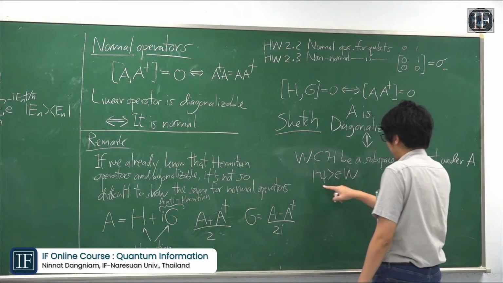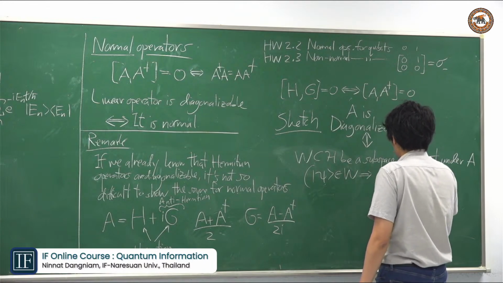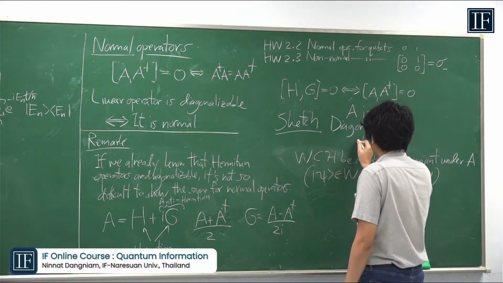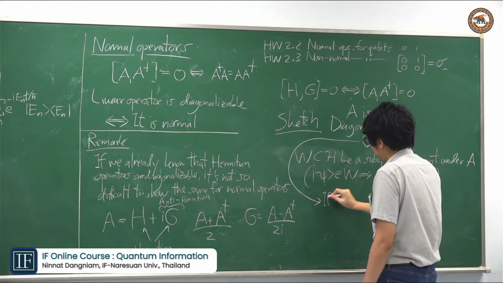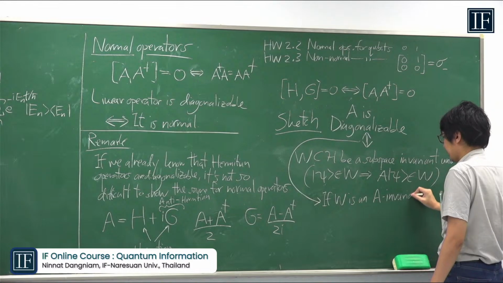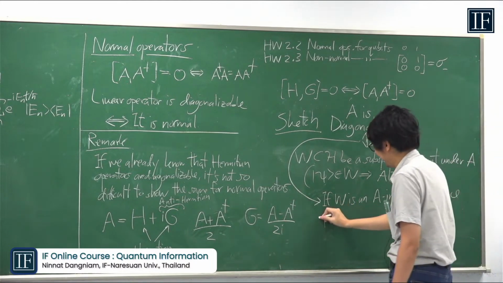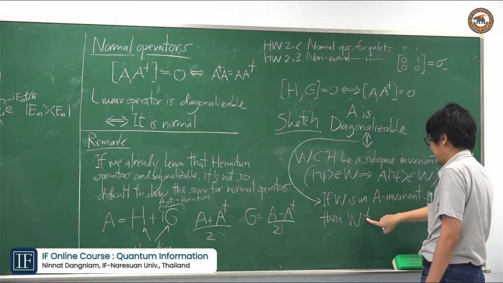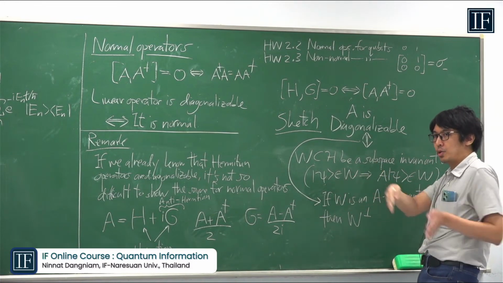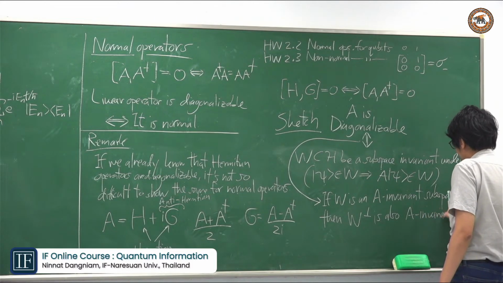So for example, if I have a vector psi in W, then invariant means that A acting on psi would still be in W. The statement here is that if W is an invariant subspace, then the orthogonal complement of W, which is the subspace of all vectors orthogonal to vectors in W, is also A invariant.